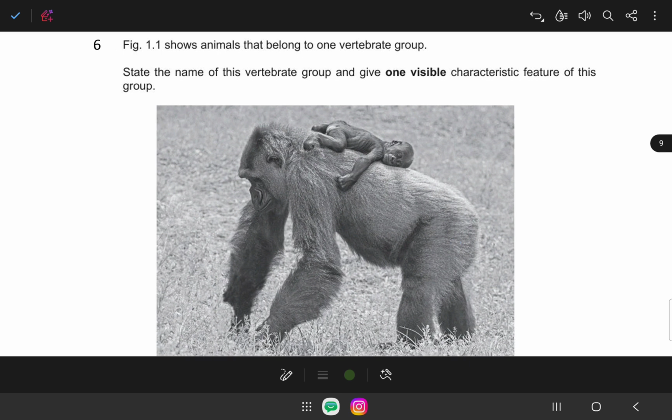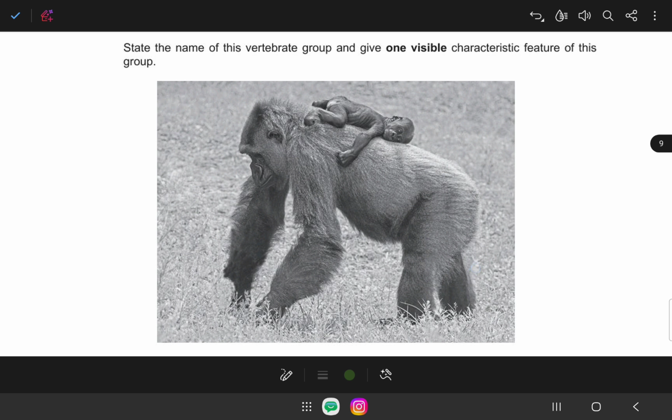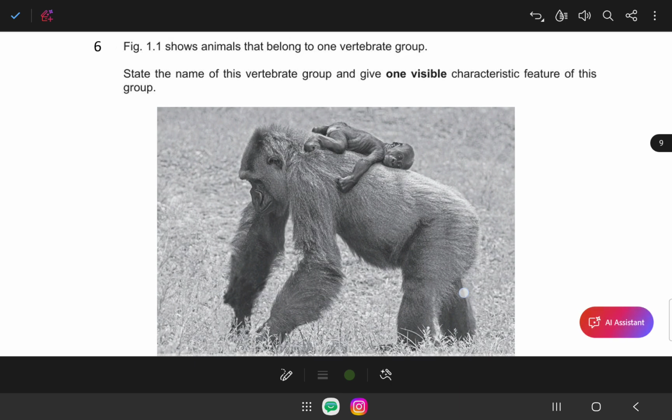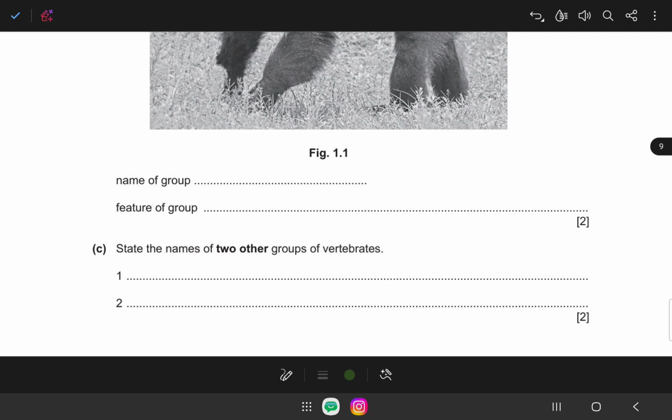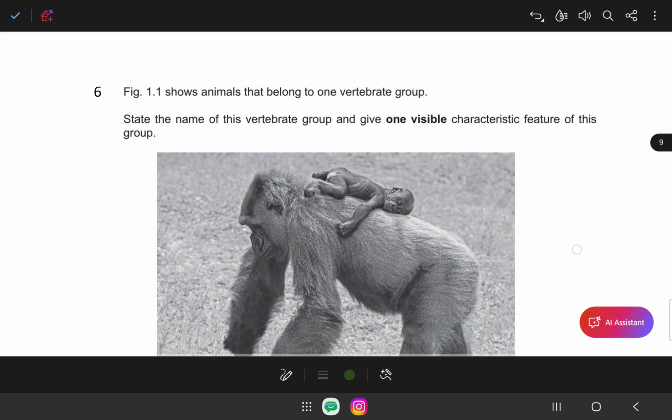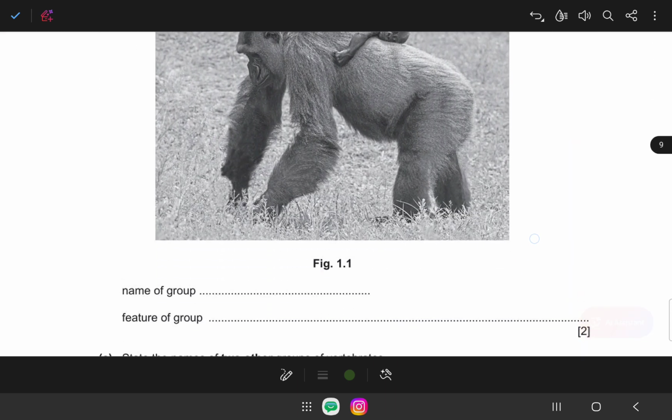Figure 1.1 shows animals that belong to one vertebrate group. State the name of this vertebrate group and give one visible characteristic feature of this group. Mammal, so obviously it's a monkey.